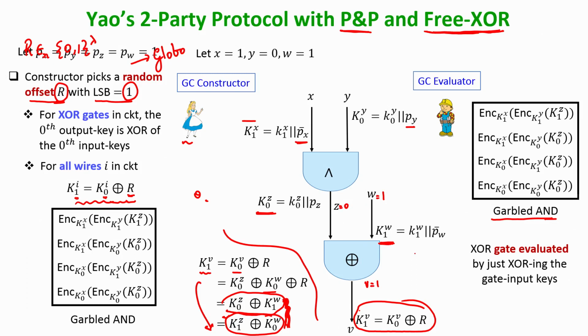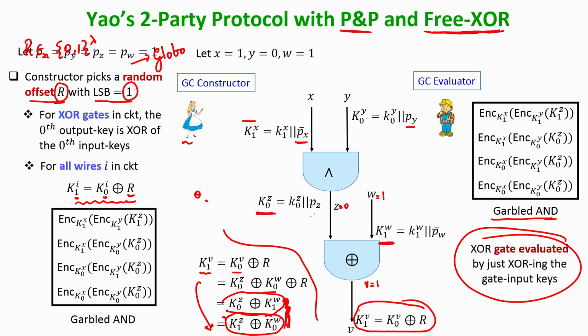The keys associated with the output of this XOR gate have this property that the 0 key is the XOR of the 0 keys of the input wires. So, if at the time of evaluation Bob got 0 keys for both input wires of this XOR gate, then by this evaluation process he would obtain the 0 key associated with the output of this XOR gate, and that is an invariant which we wanted to maintain.